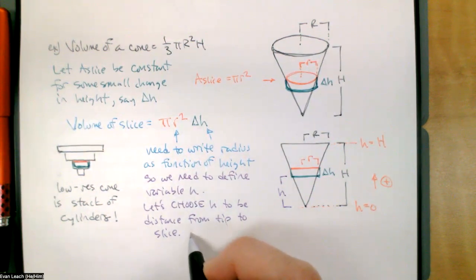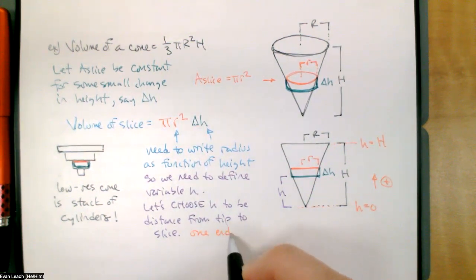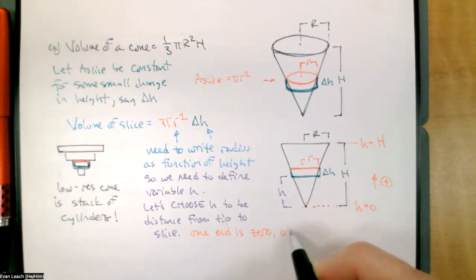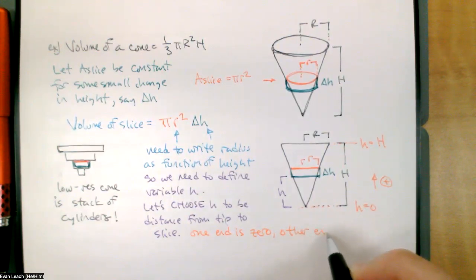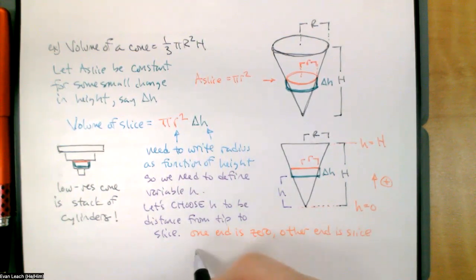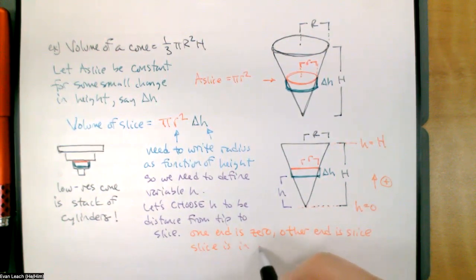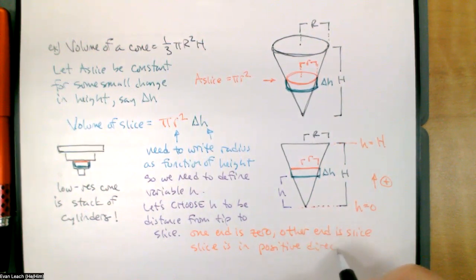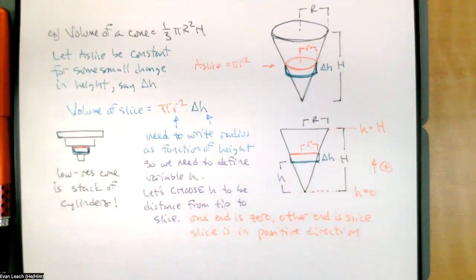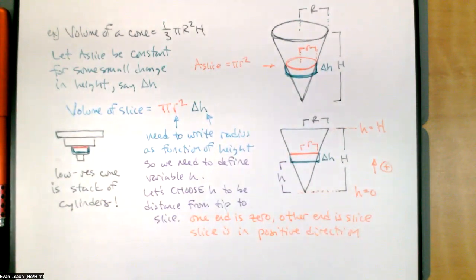So one end is 0. Other end is slice. And slice is in the positive direction. These are the things that you chose to make happen when you chose to put the variable where you did.